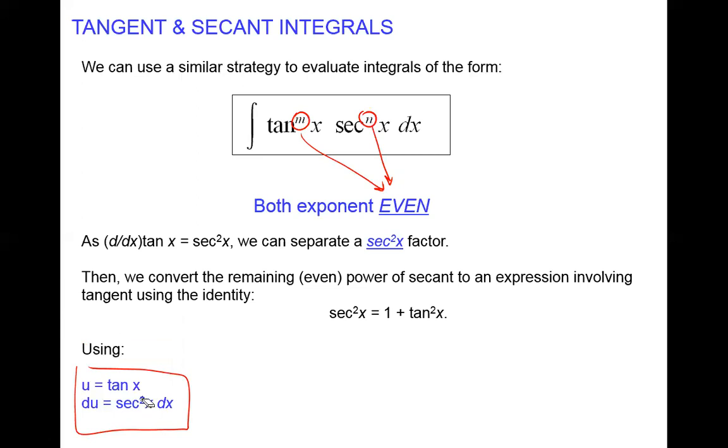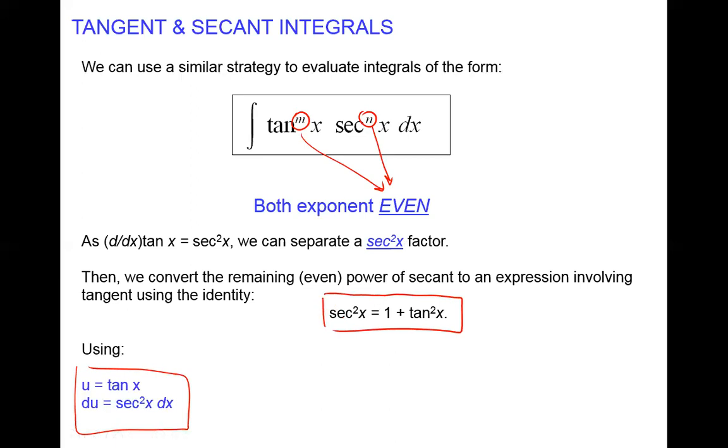And everything will work because we need an even exponent for the derivative, secant squared of x dx, and we can play with the other function. The only thing we will need is the Pythagorean identity for secant and tangent. Hopefully we remember that secant squared of x is 1 plus tangent squared of x.